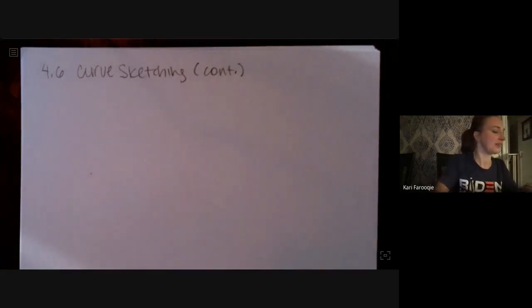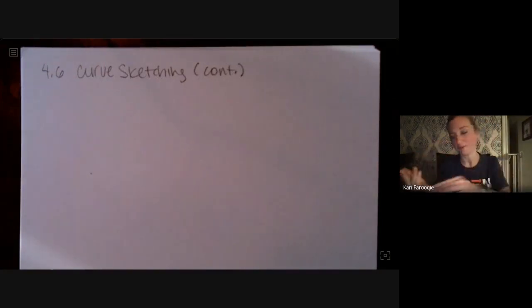Then I want to go over 2 polynomials and 1 radical, and that's it. And then you will have seen what I have to show you with curve sketching. So without further ado, example 3.